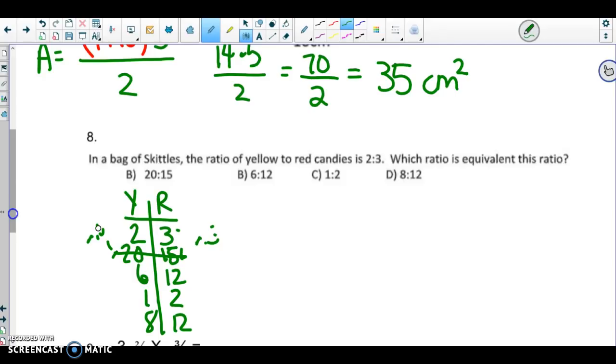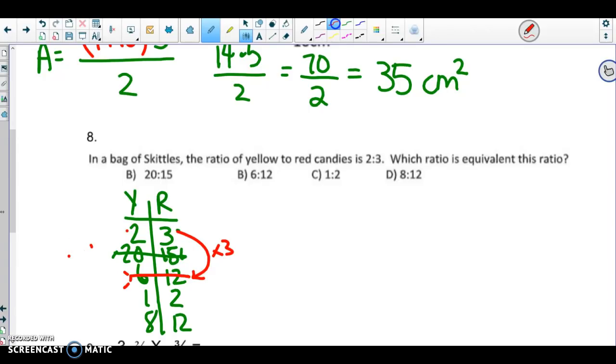All right, well, let's take a look at getting from 2 to 6. How do I get from 2 to 6? I'd have to multiply by 3. That means I'd have to multiply this by 3, but 3 times 3 doesn't give me 12. That would be 9, so that one doesn't work either. Okay, so let's get rid of that.